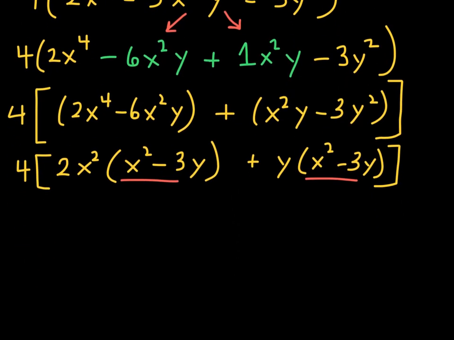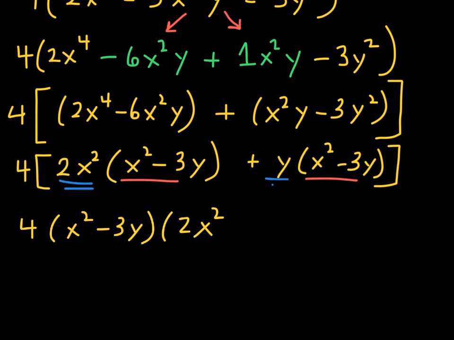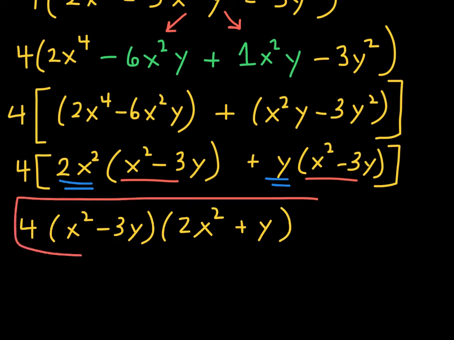So then our final factorization, I believe, is 4 times x squared minus 3y times 2x squared, this is what remains, 2x squared plus y. So there's the complete factorization for this polynomial. All right, good job. I hope you guys are doing well. Let's do a couple more.